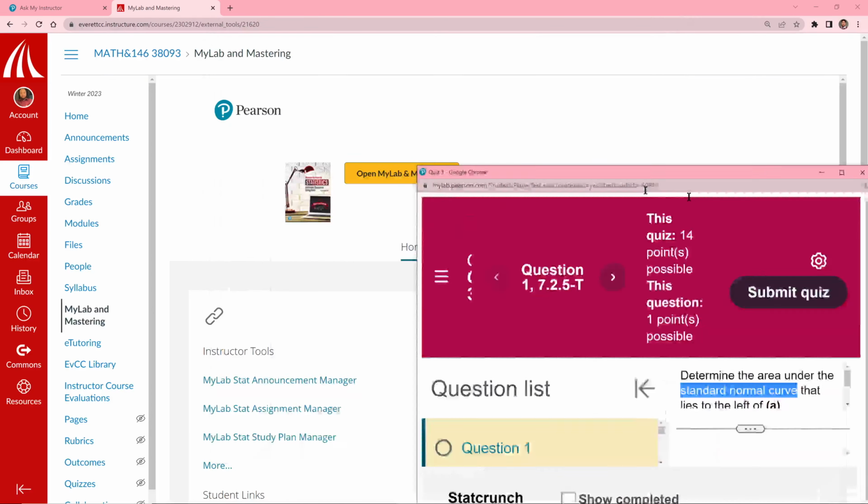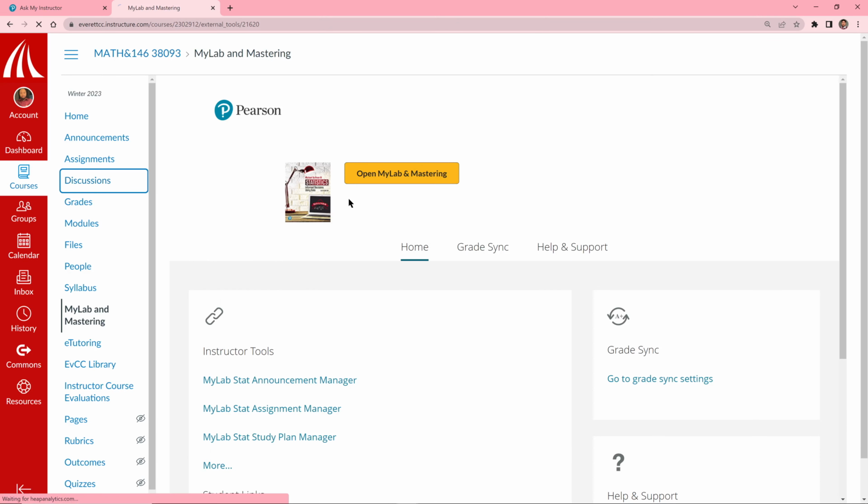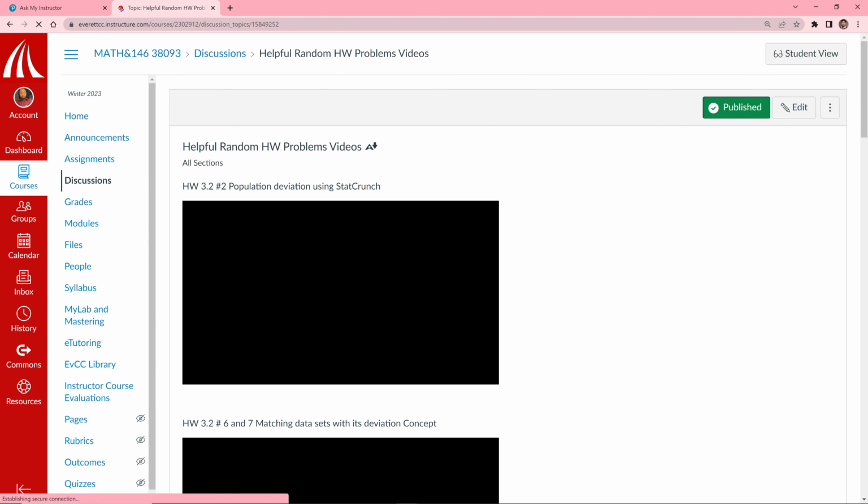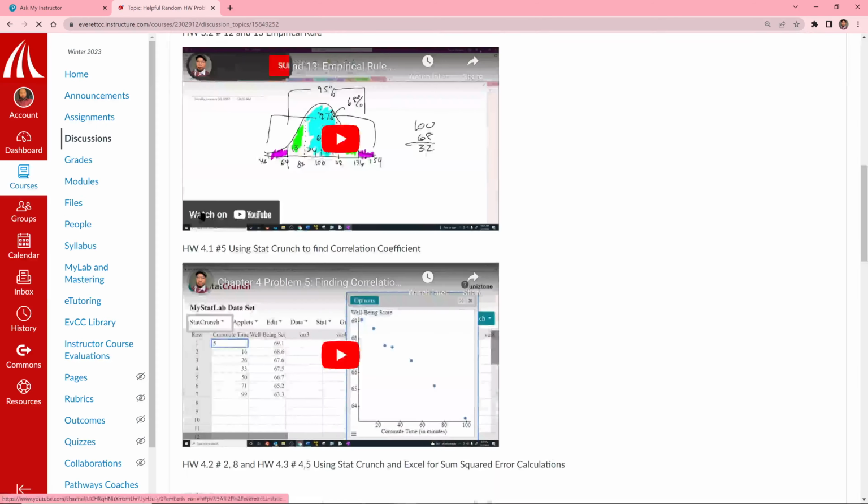Let me demonstrate where that would be. If you go into discussions, you go into random homework problems, look for something for homework 7.2 like this, maybe some of those. So there is some support out there for this.